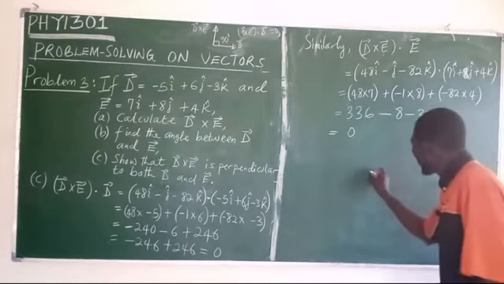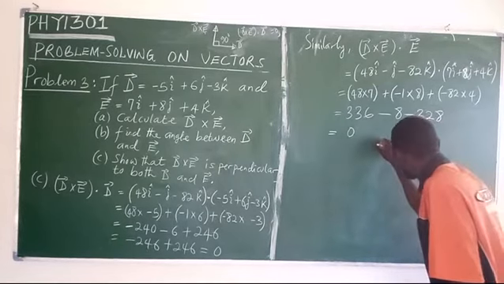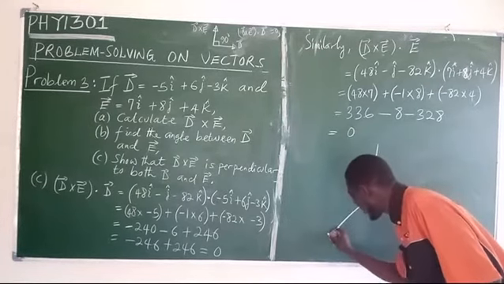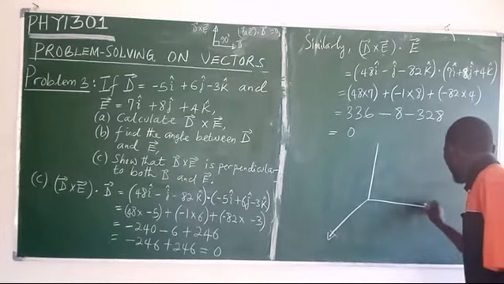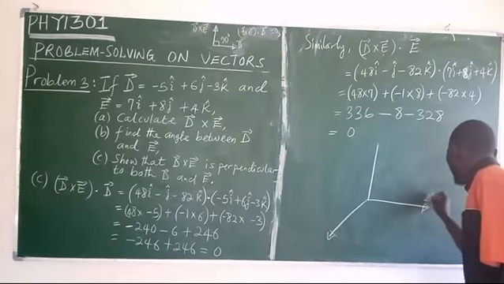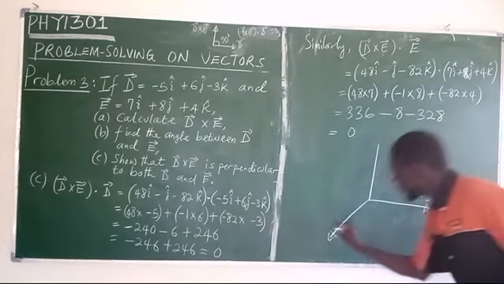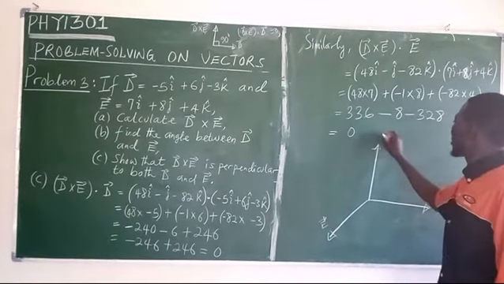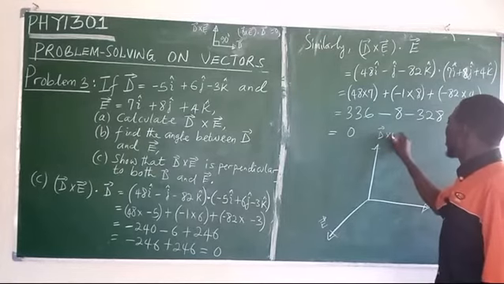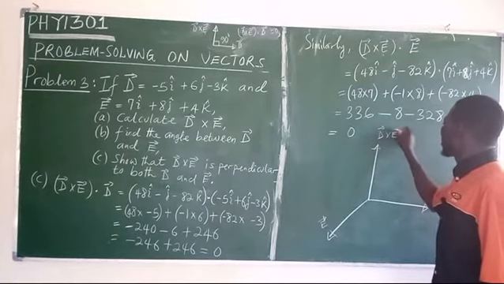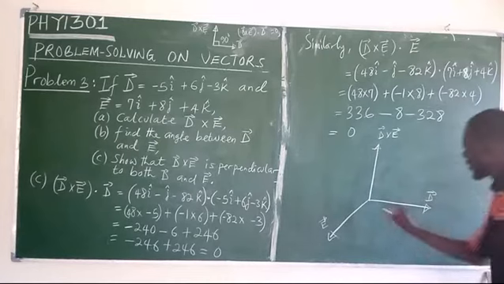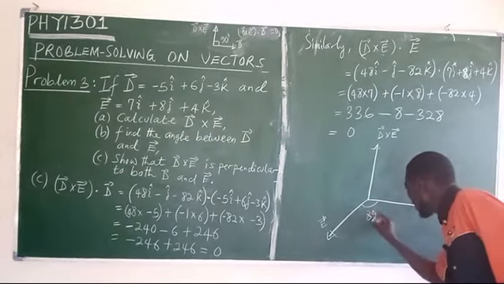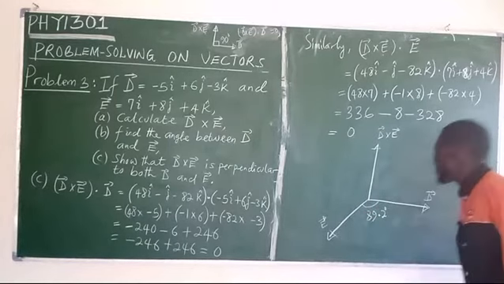So summarily, I have all the three vectors like this, such that this is vector D, for example, and this is vector E, and this is D cross E. The angle between D and E is 89.2 degrees.